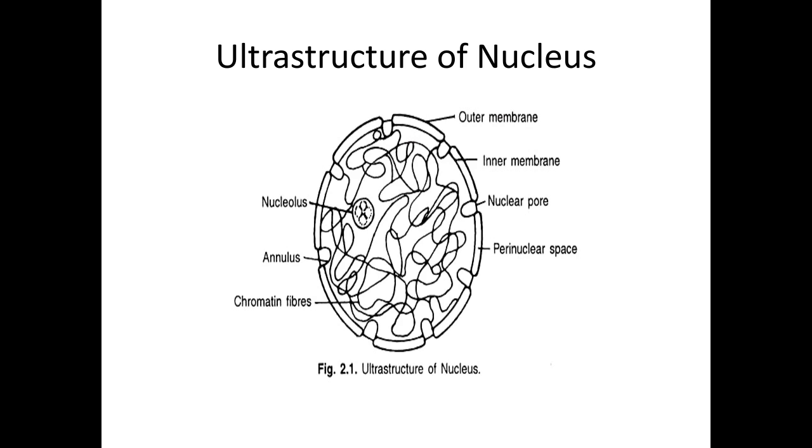The outer membrane is generally smooth, but it is not continuous; it is interrupted due to the presence of the nuclear pore. Then the inner membrane is not smooth; it consists of the nucleolus, the annulus, chromatin fiber, and the perinuclear space.